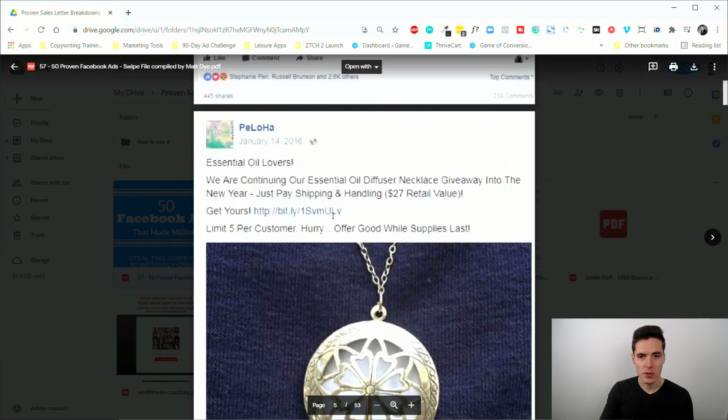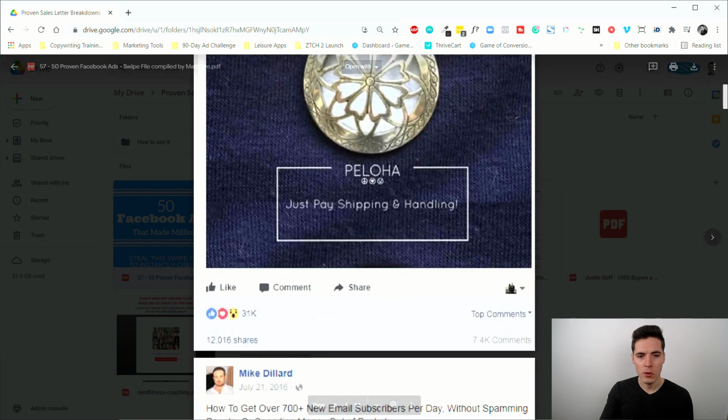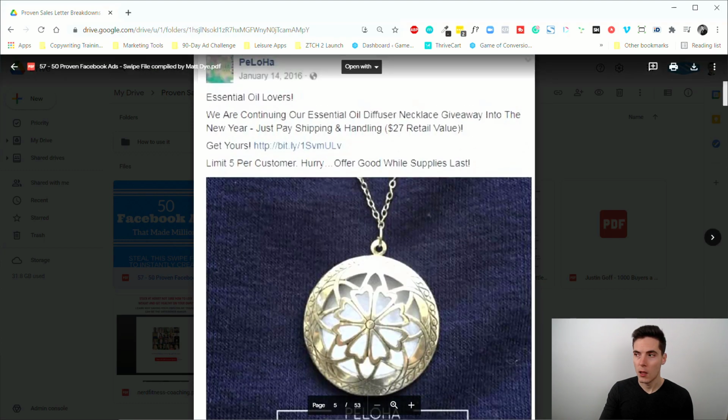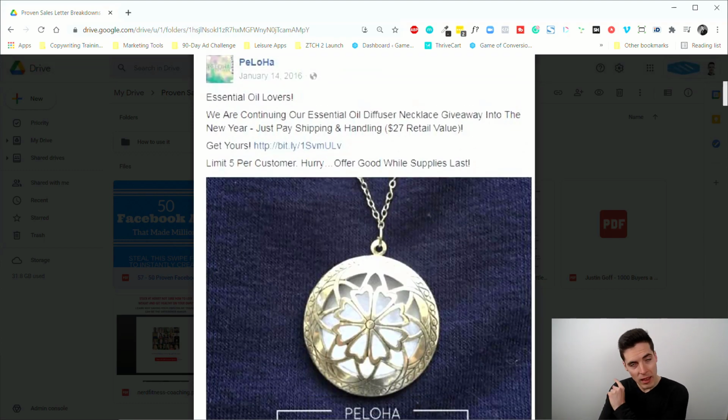Then we have an e-commerce one. So for e-commerce, you often can get away with shorter ads, but even for e-commerce products, sometimes it pays off to have a story-based ad because it's a great way to differentiate your brand, your product, to showcase your unique selling proposition, to showcase your unique mechanism, like how you're different, what makes your product different.